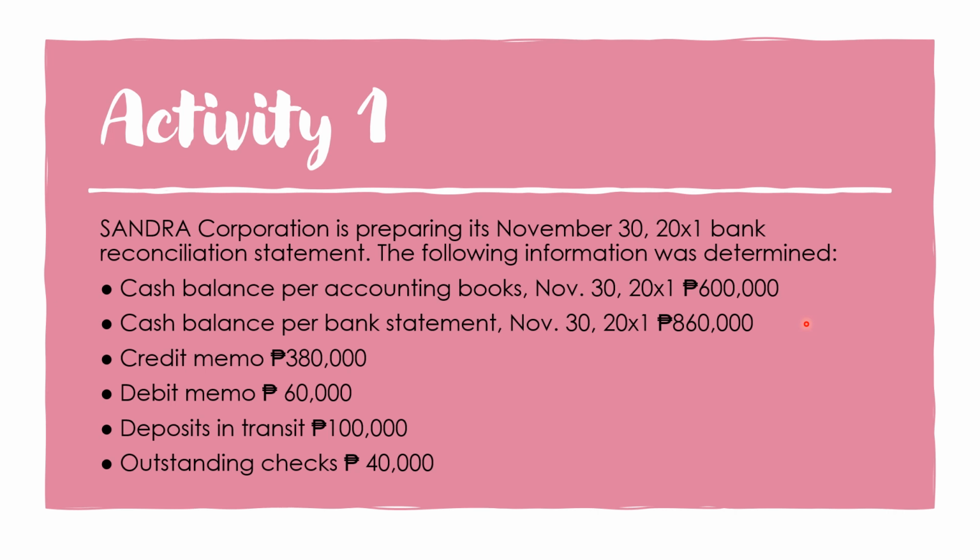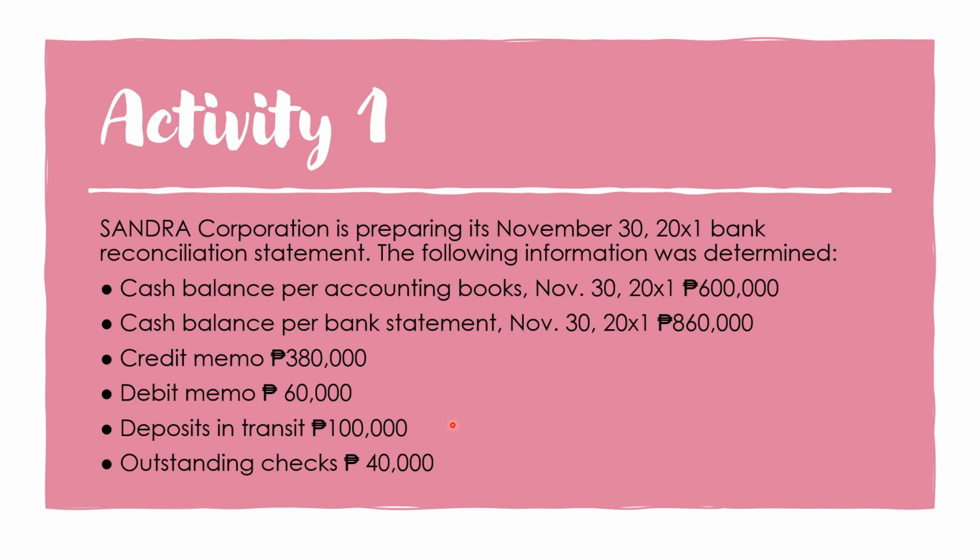Next, we have the cash balance per bank statement, which is 860,000. Then we have our credit memo for 380. We have our debit memo for 600. Again, credit memo and debit memo. These are book reconciling items. So we'll be using it to get the adjusted book balance.